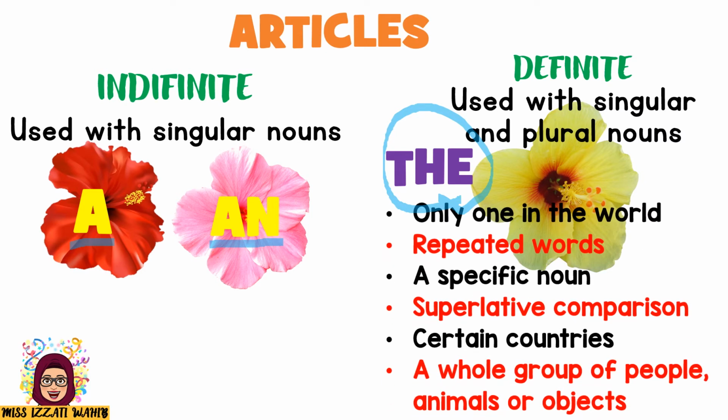The is used for the nouns, guna untuk kata nama, only one in the world, repeated words, a specific noun, superlative comparison, certain countries, and a whole group of people, animals, or objects. Let's look at the examples.